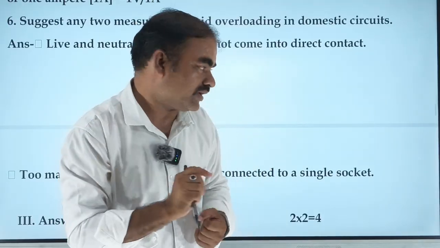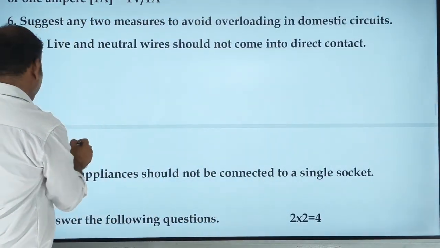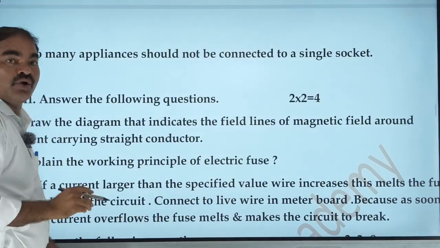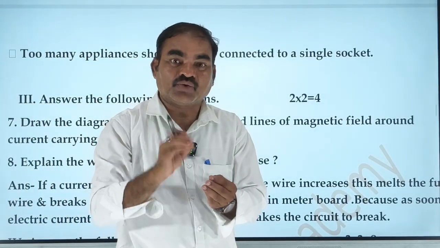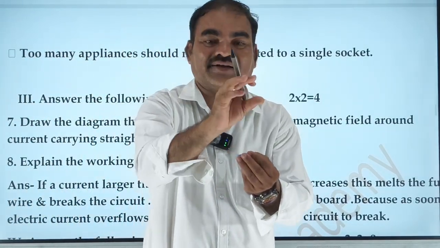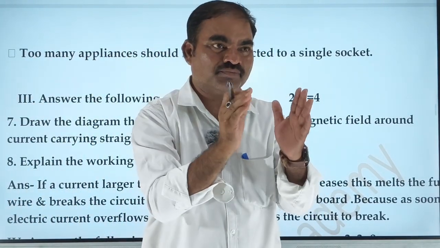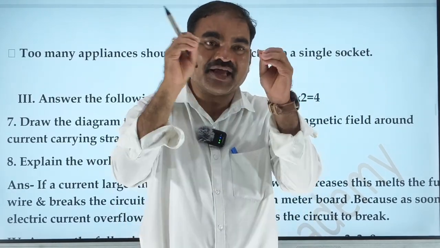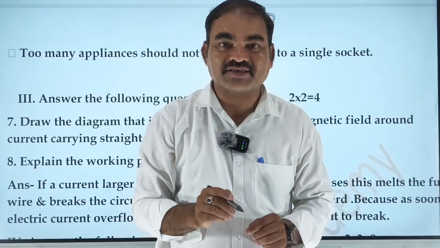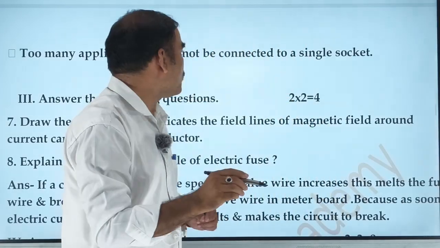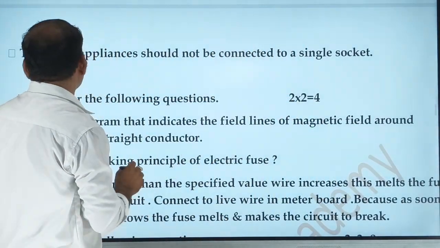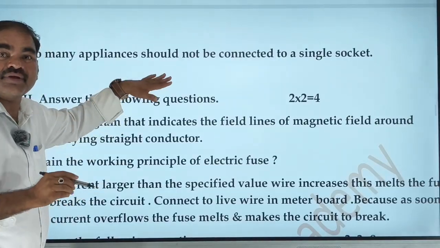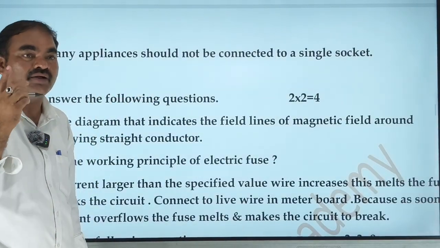And the second one: for one socket, too many appliances are connected. At home, for mobiles we have one socket, and if many appliances are connected, that also will damage it. So overloading can be stopped in these two ways.